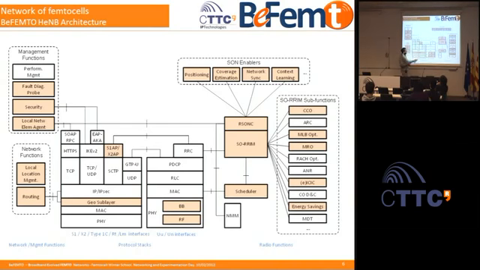And this is the stack handling the interaction with either the local femto gateway or the core if you just have a HomeNode B, right? And you have stacks for all sorts of things. For example, for management, this one is more related with security and authentication. This one is more for the control plane, and this one is for the data plane.